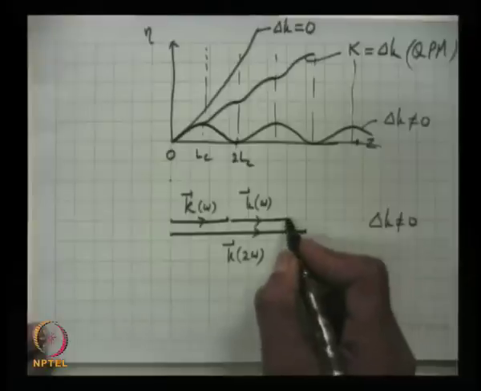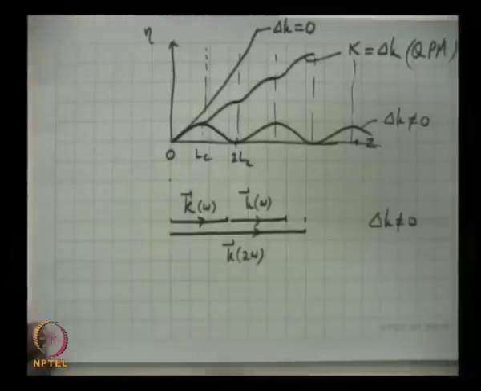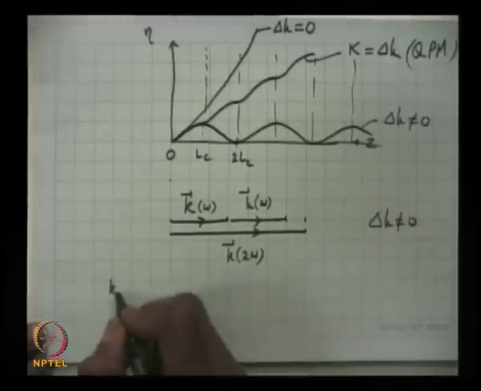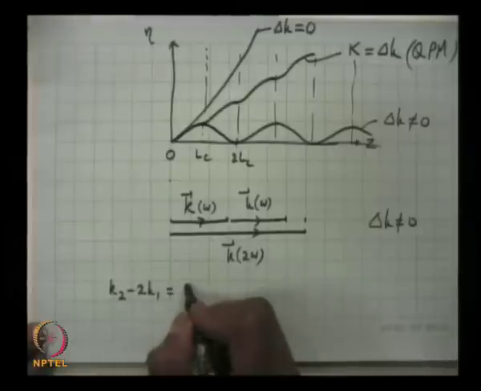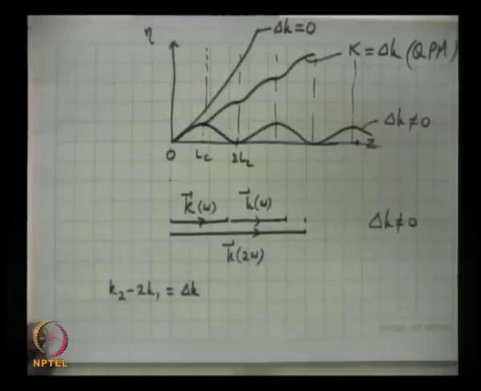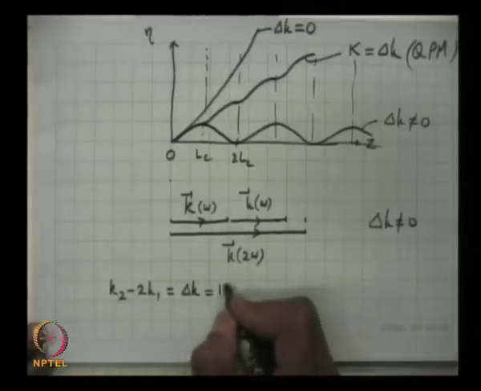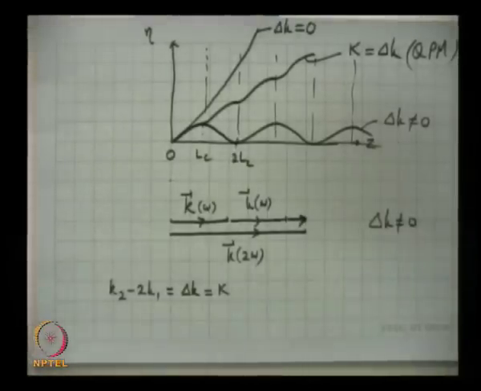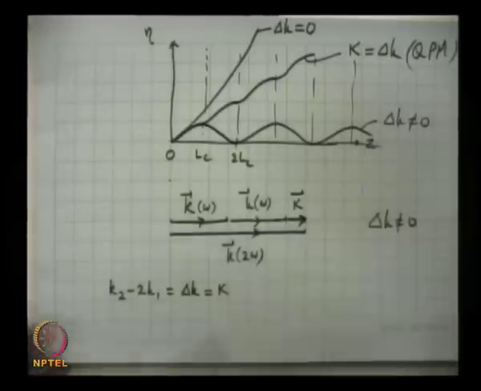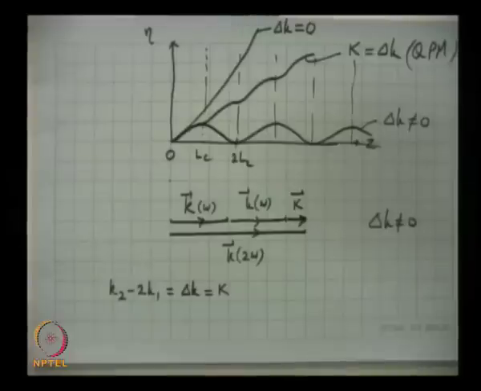So, how much is this length? This length is k2 minus 2k1, which is capital K. A periodic modulation of the nonlinearity gives me a small vector in the momentum space.